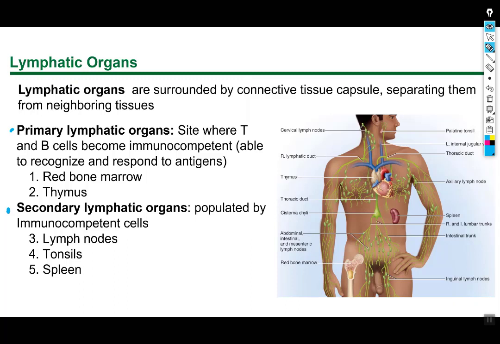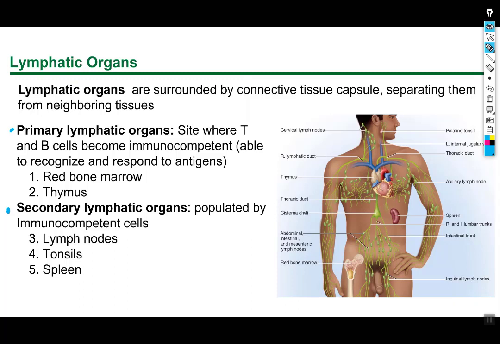So remember, being immunocompetent means that the cells can recognize and distinguish between and among antigens and respond to them appropriately. It also means that they will not attack self cells, so the body's own cells. They won't display autoimmunoreactivity, which is not ideal because, of course, you don't want to be attacking your own cells and tissues.